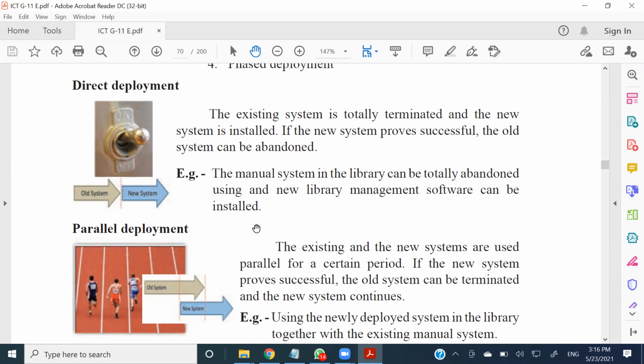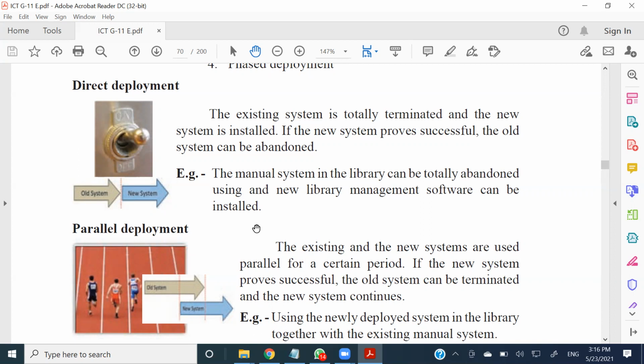So when you are doing a direct deployment, that means you have to be very sure about the data that you are going to deal with and the reliability and sustainability of the system, right? Then it won't be a very big matter, but in case it is going to act in a critical system, then it's better you always have a backup.